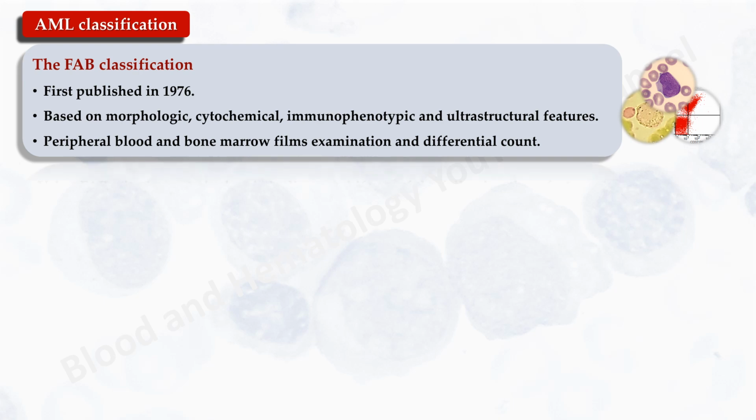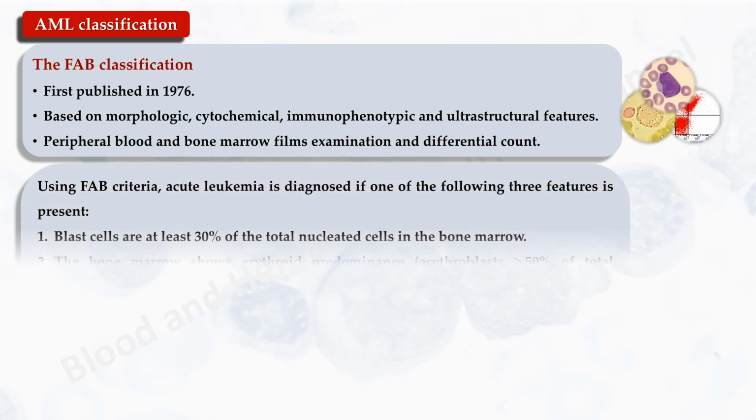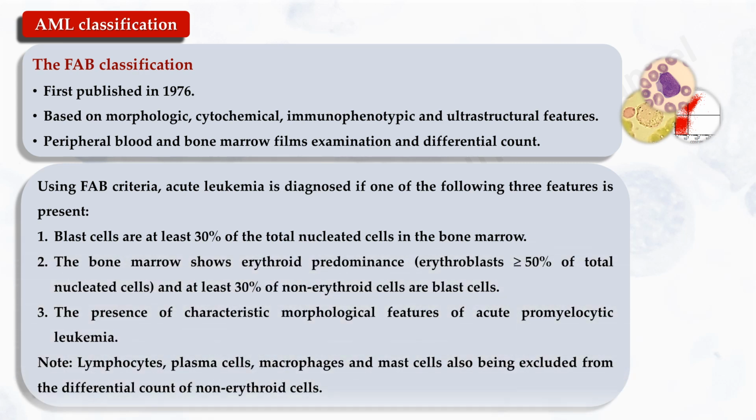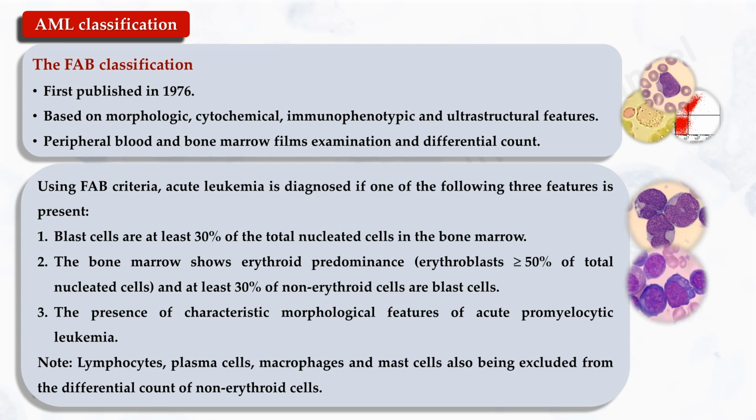both. Using FAB criteria, acute leukemia is diagnosed if one of the following three features is present. At least 30% of the total nucleated cells in the bone marrow are blast cells, or the bone marrow shows erythroid predominance and at least 30% of non-erythroid cells are blast cells, or the characteristic morphological features of acute promyelocytic leukemia are present.